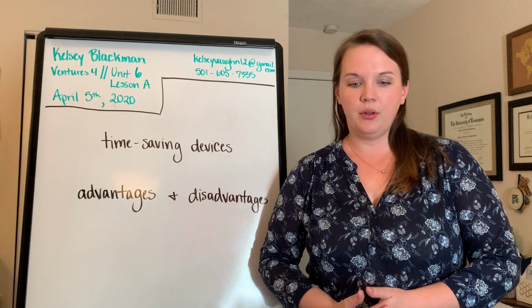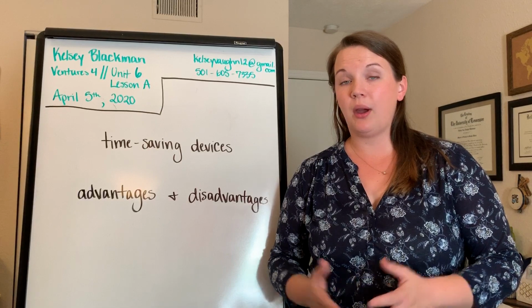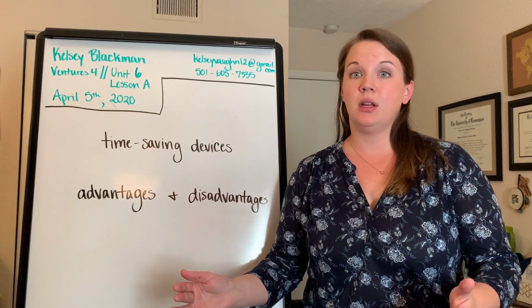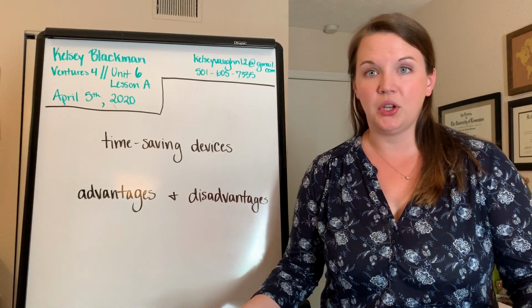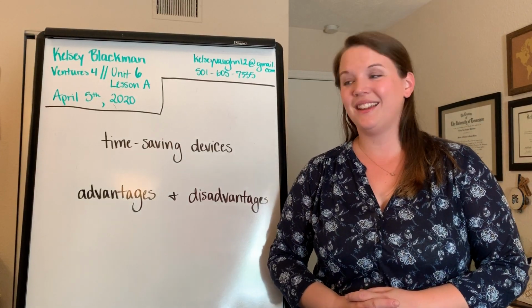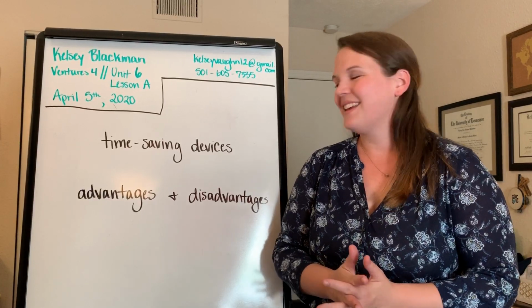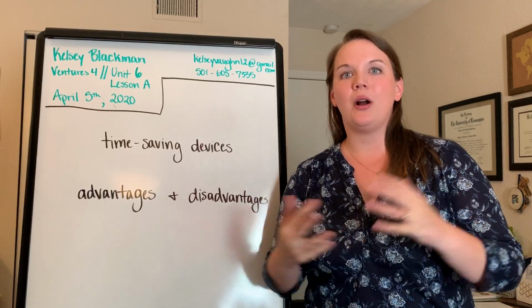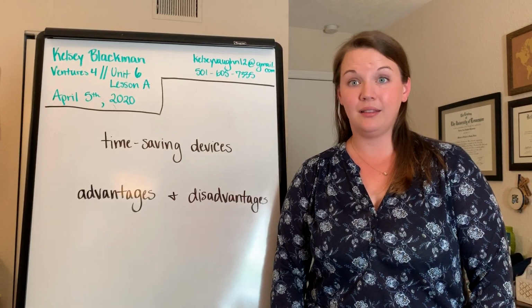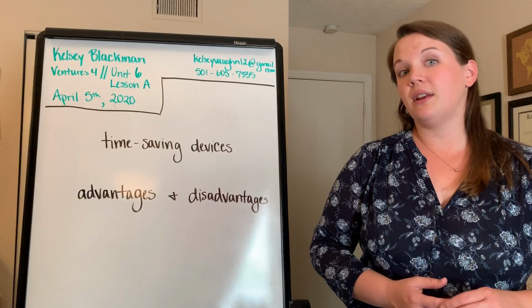So for example, dishwashers. Maybe you have a dishwashing machine that washes the dishes for you. That saves time, right? I do not have one. So if you have one, just be grateful. It saves you time. What about washing machines, right? To wash your clothes for you. That's a time-saving device.